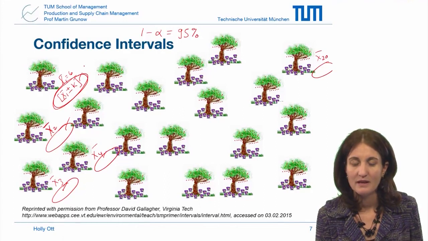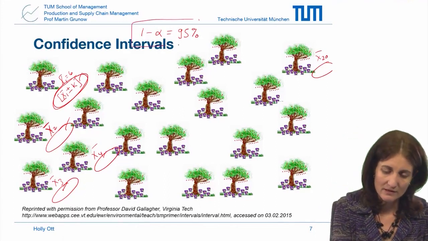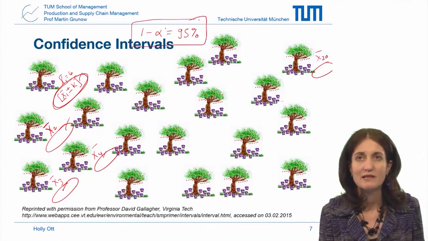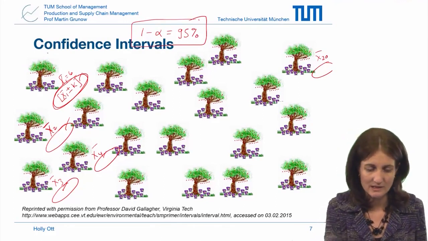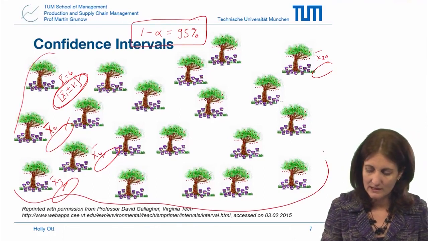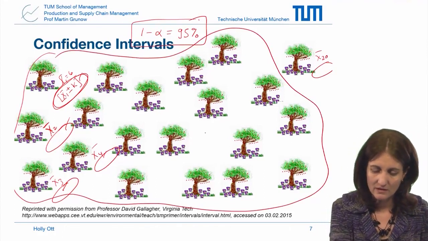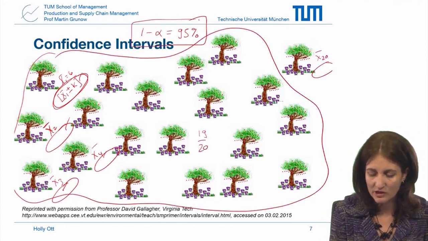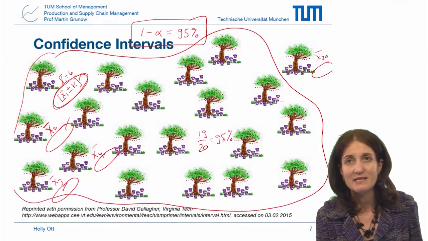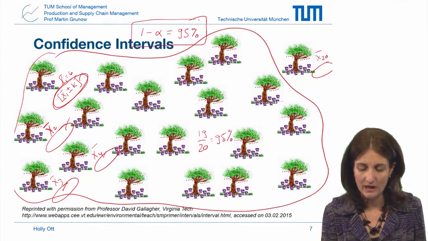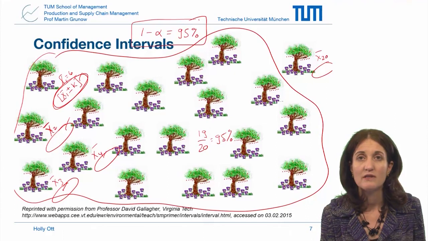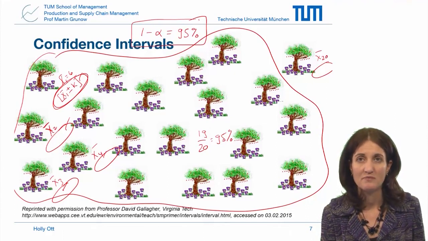Now, we have, of course, this limit. We've said that we will only be 95% confident. And since we have 20 trees, what this means is that 19 out of our 20 trees, which equals 95%, will have confidence intervals that contain the true population mean.